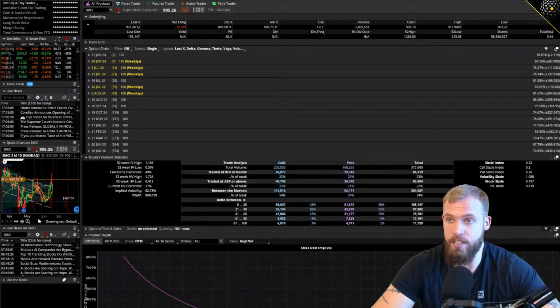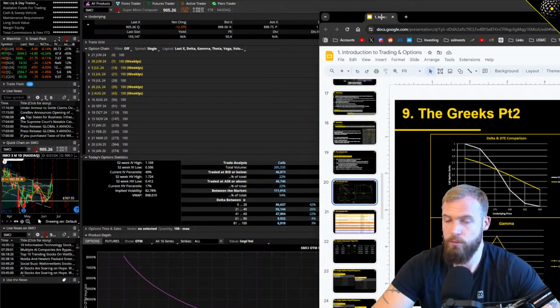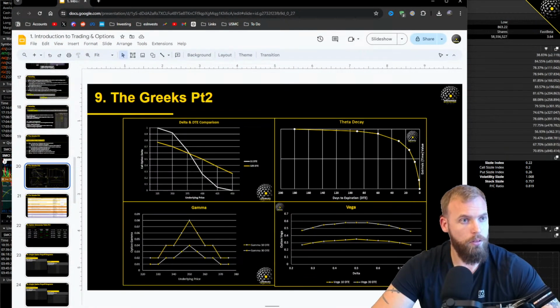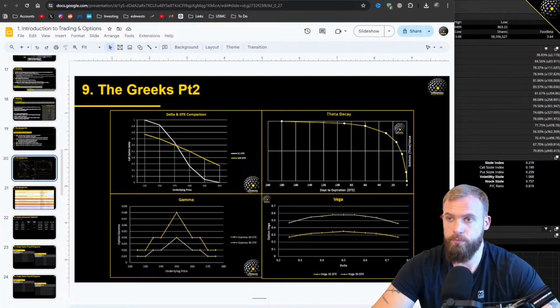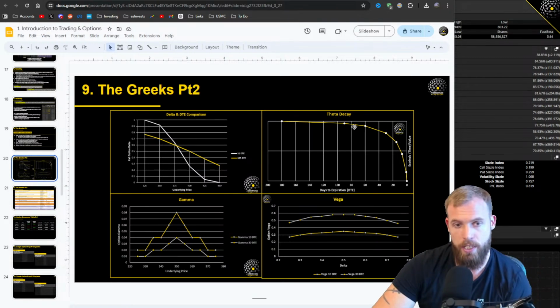within 60 DTE. And again, for a quick refresher on this, you guys can take a look at that. So as you can see, theta decay, this is for at the money options. Once we start crossing within 60 days to expiration, the amount of extrinsic value starts declining massively.